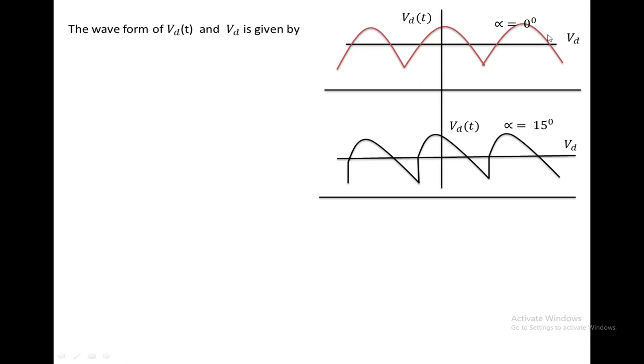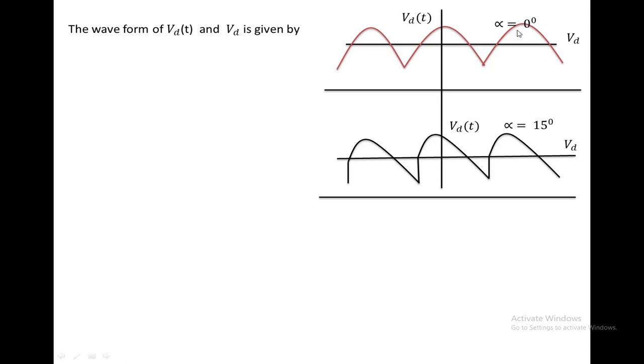The minimum value of Id will occur at this point where Vd of t equals Vd, nothing but this instant. But in this case, the valve will be on at this point, so the minimum value of the DC link current will occur after the firing of the valve.